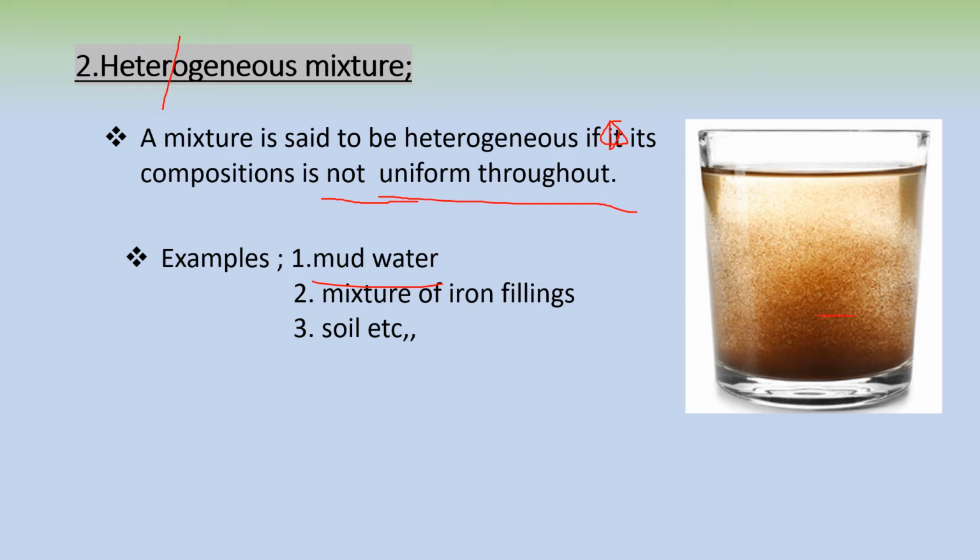What happens? It goes down and settles down. So that soil won't dissolve in this water. This is called a heterogeneous mixture, and this we cannot call a solution. Heterogeneous mixtures are not a solution.